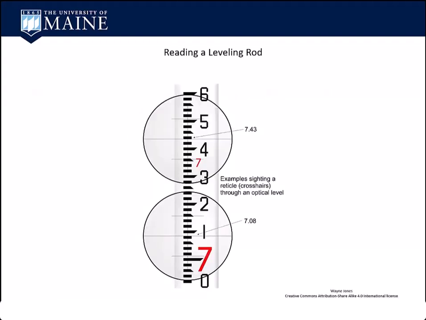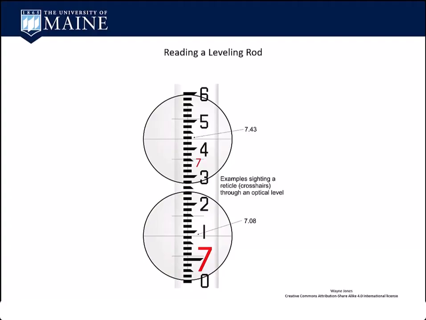So reading a level rod, this is a typical fiberglass rod that most people have, and you can see it's graduated in hundredths of a foot, which is the unit we work in, feet in hundredths, and you would read it directly.